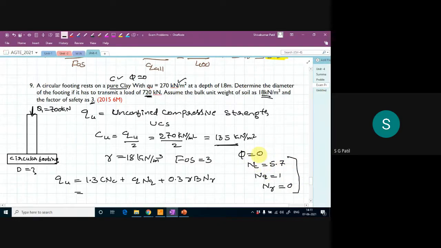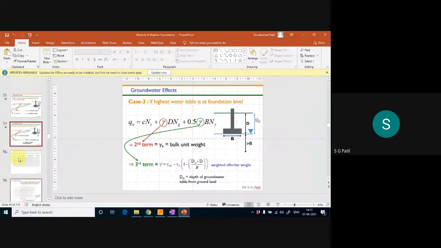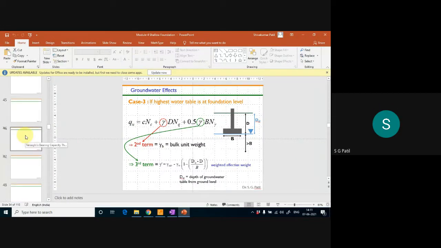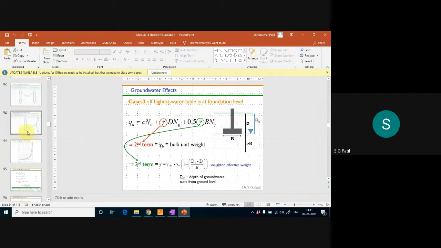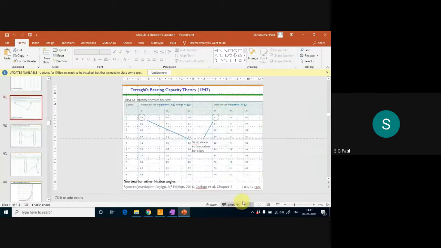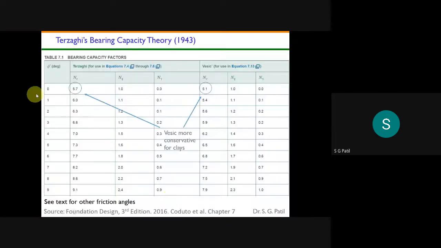This is the bare minimum you should remember. At least for phi equal to 0, Nc is 5.7, Nq is 1, N gamma is 0, from Terzaghi's bearing capacity theory. If you look at that table of Terzaghi's bearing capacity, for phi equal to 0, Nc is 5.7, Nq is 1, N gamma is 0.